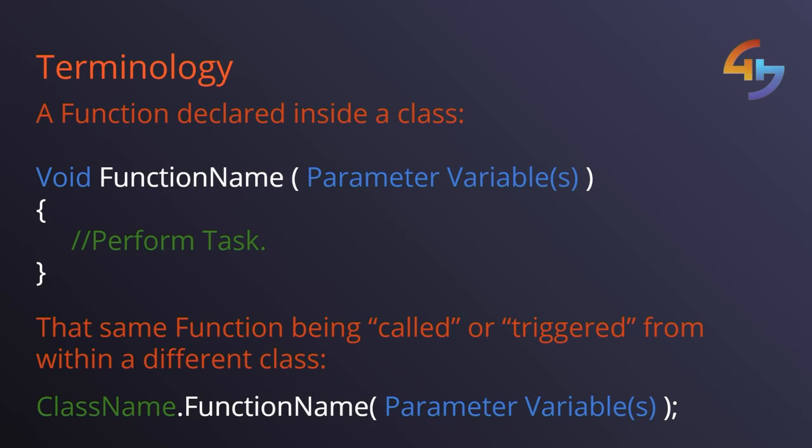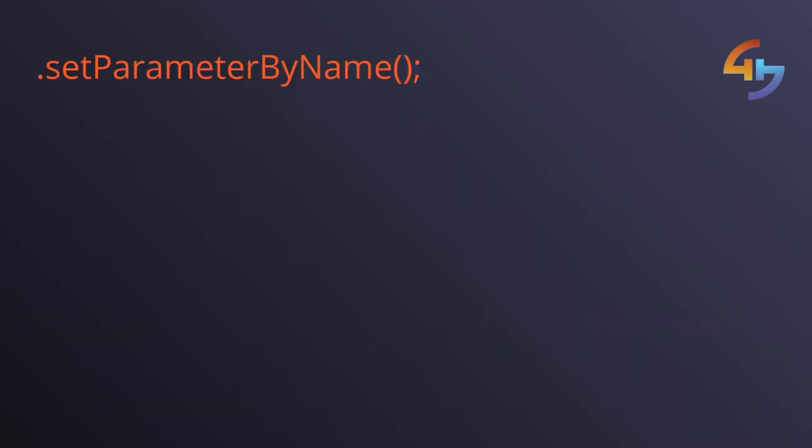Because triggering a function from another class looks visually different from declaring one inside our own class, it can be a little bit confusing at first to refer to them as the same thing. But going forward from now on, whenever we use a function from another script, we will refer to it as such.